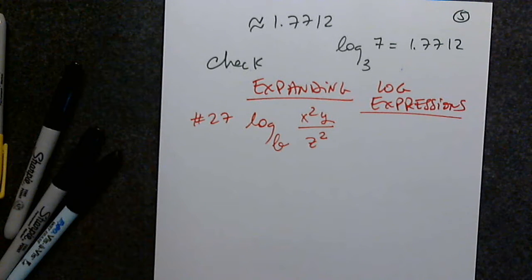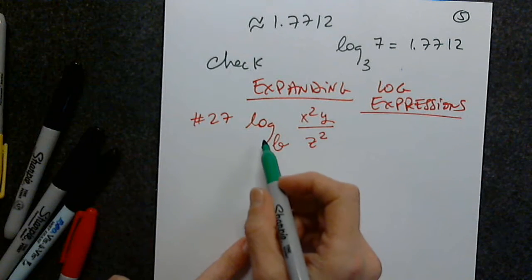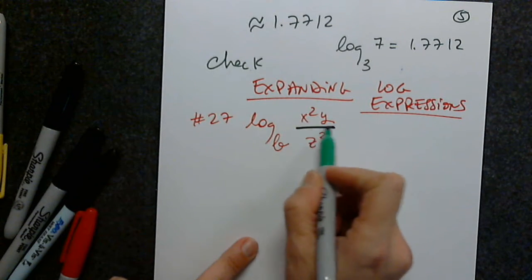Okay, listen, this looks complicated. It's not at all. You'll see in a moment. We are asked to expand it and rewrite it with simple logs. So from a complicated expression, log of a complicated expression, we want to present it with simple logs. So the first step would be to look at the ratio.